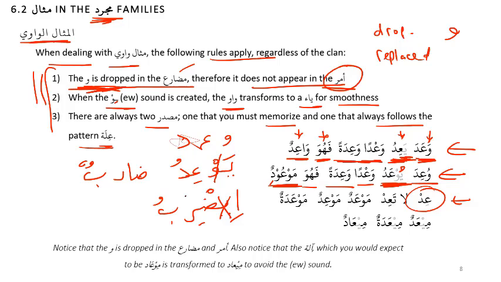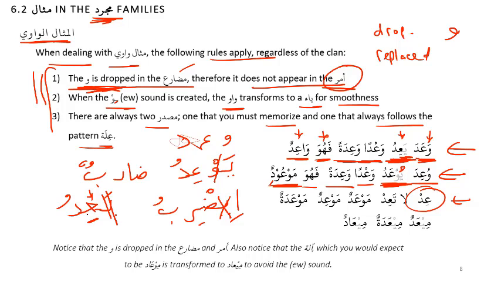But what is happening over here? Over here, the present tense indicator is a ya. So I actually have ya'idu. If I remove the present tense indicator, is the next letter mutaharrik?